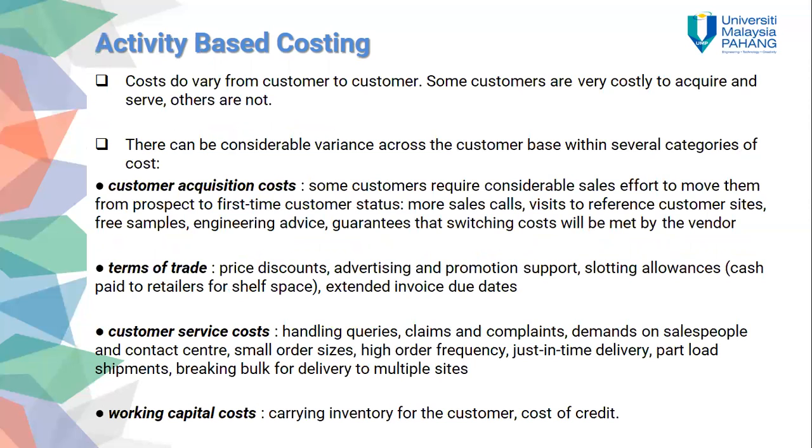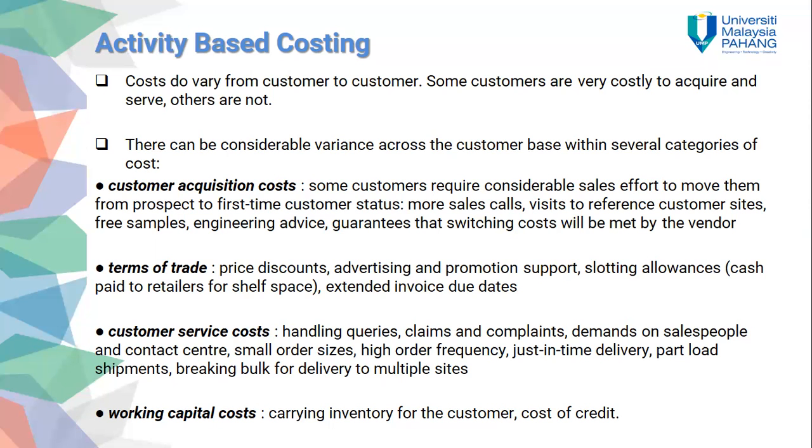So activity-based costing. You will look at the costs that will be involved when you want to communicate or do any transaction with your customer. So it can be in various categories. For example, customer acquisition cost. How you want to acquire your customer for the first time, you will have sales calls, customer site visits and so on.